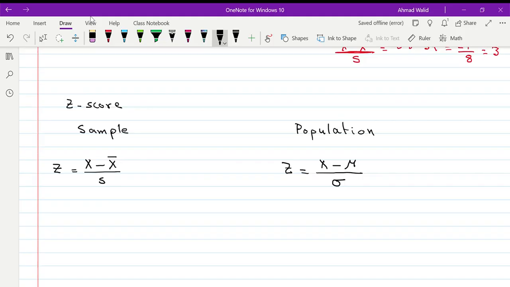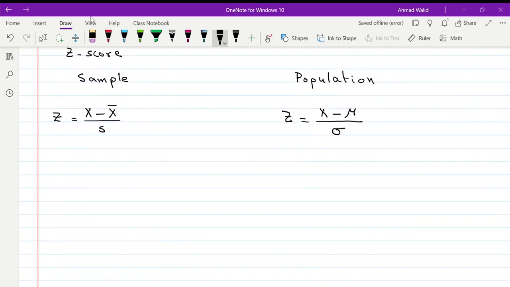Now, what does the z-score do? Let's make a note here. I'll put a star here.